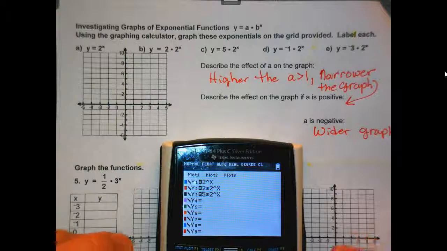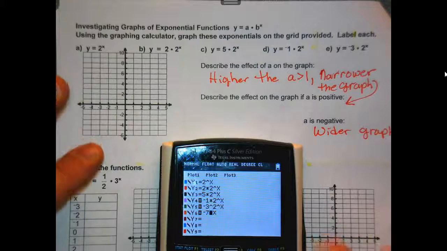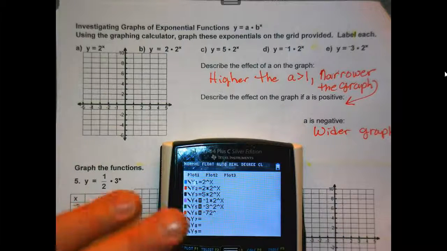I'm going to turn these off. And we'll do -1 times 2 raised to the x, -3 times 2 to the x. And you know what? Let's make a really big one. Let's use -7 times 2 raised to the x.